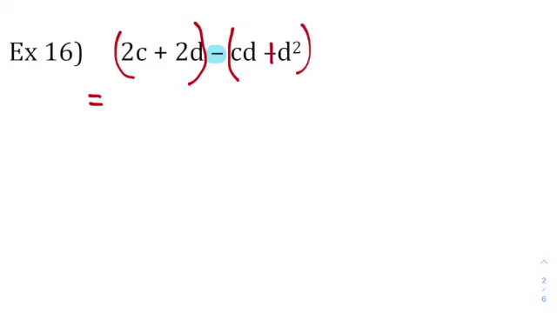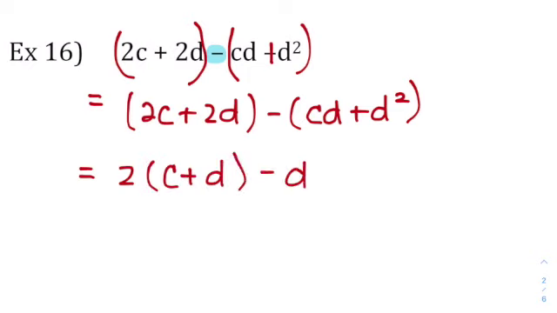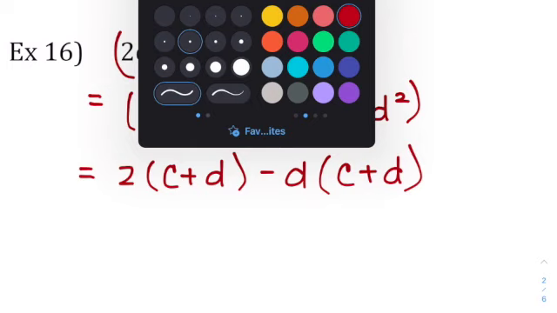So let's write it out. Parenthesis 2c plus 2d minus parenthesis cd plus d to the second power. Pull out things they have in common. That's 2. That's c plus d. Right here, you have d in common. You're going to pull out c plus d. Notice again, this is the same.